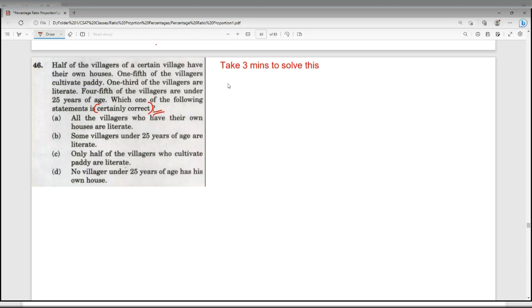So first, let's make a list of these things. First, they have said half of the villagers of a certain village have own houses. So half has own house. And then 1/5 of the villagers cultivate paddy. 1/5 cultivate paddy.